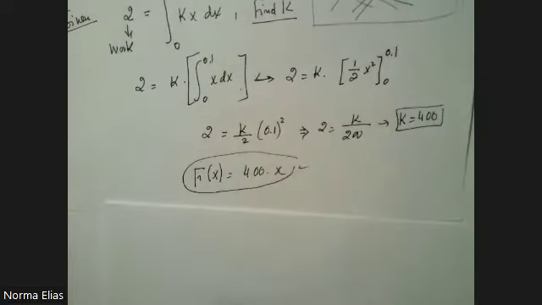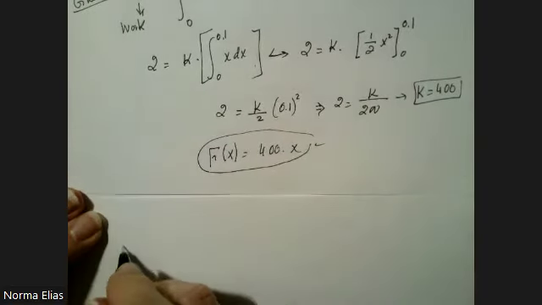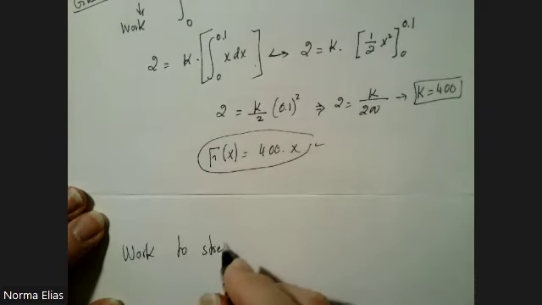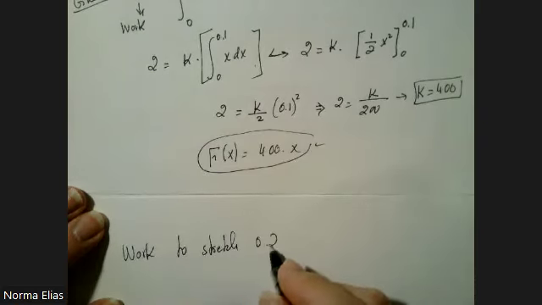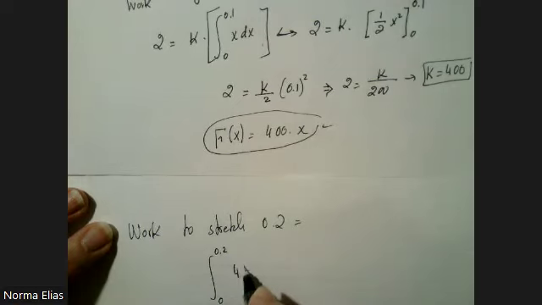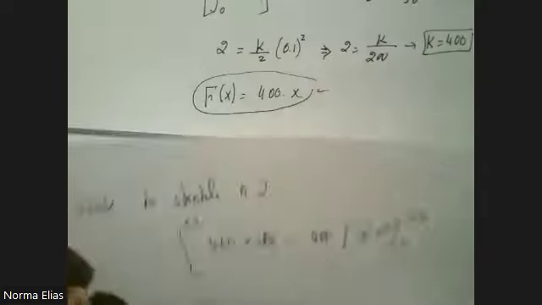The work to stretch 0.2 is equal to the integral from 0 to 0.2 of 400x dx. 400 is a constant, I take it out, and I'm left with a half x squared between 0 and 0.2.